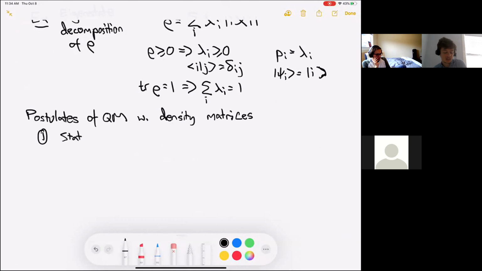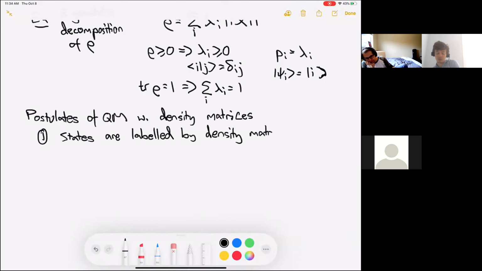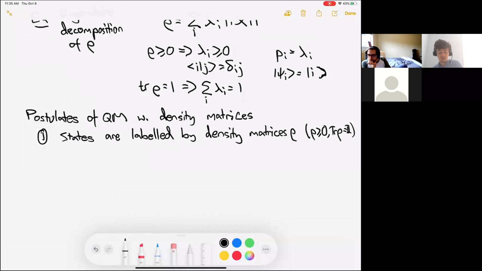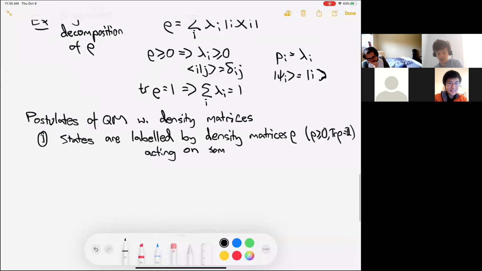We're going to allow these mixed states, and we're going to say that states are labeled instead by density matrices, which again just means rho greater than or equal to 0 and trace rho equal to 1, acting on some Hilbert space H.